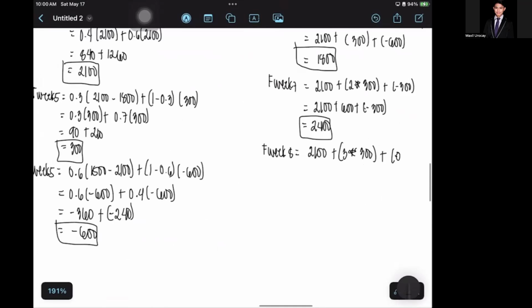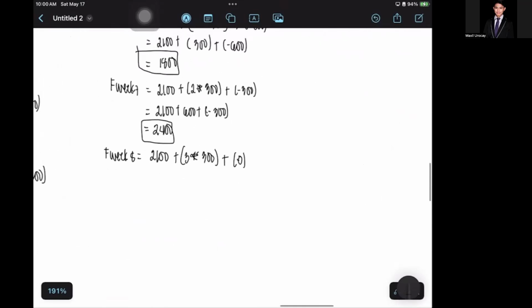So 2,100 plus 3 times 300 becomes 900, plus 0. And then 2,100 plus 900 plus 0 equates to 3,000 already.